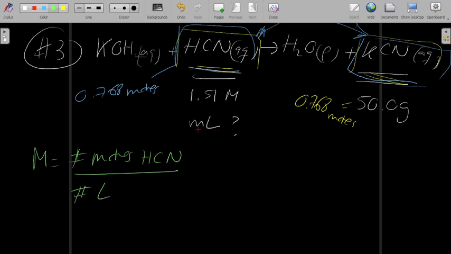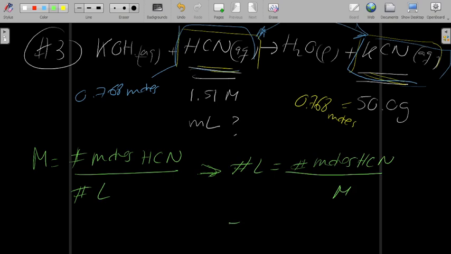We're going to have to change it to milliliters because the question is how many milliliters. From here, we're going to find the liters. So the number of liters is going to be the number of moles divided by the molarity.